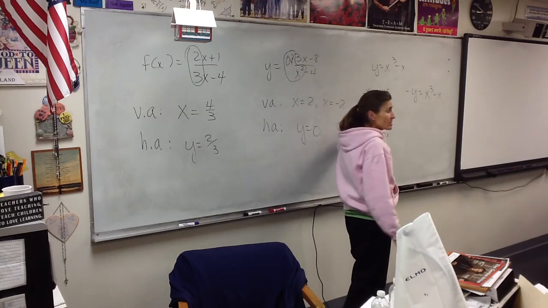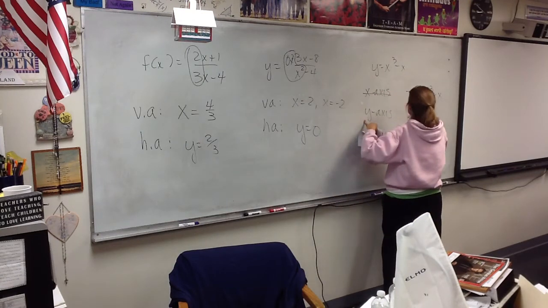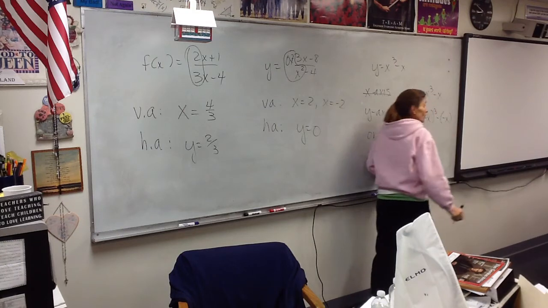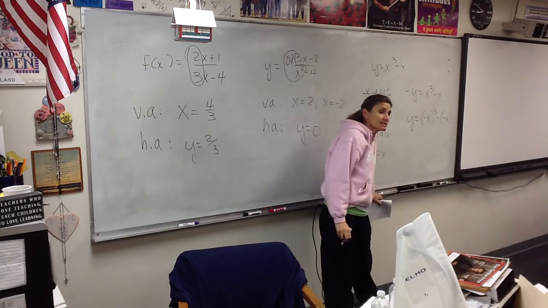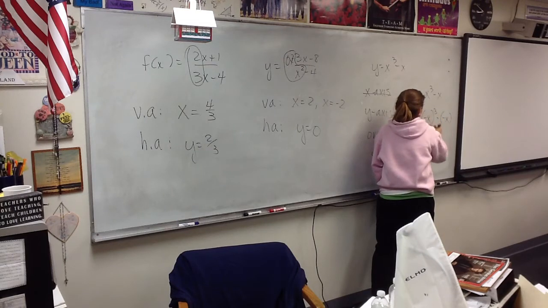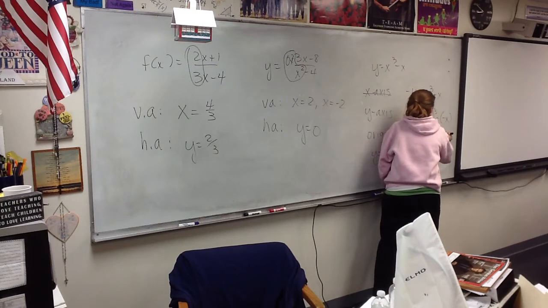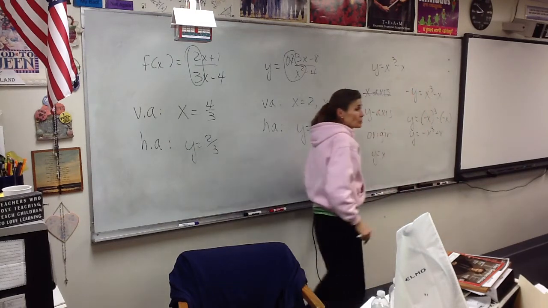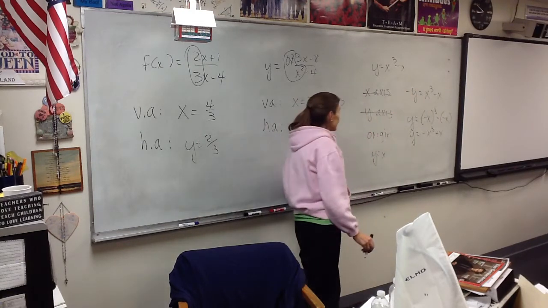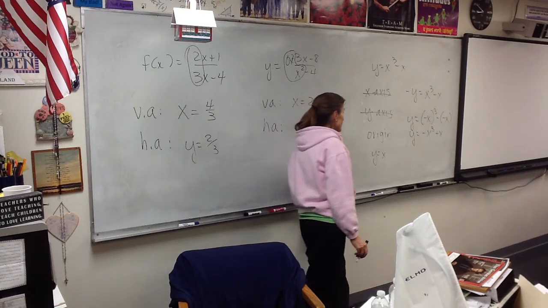Y-axis. Change the sign on x's. Now be careful. Sometimes we think this is the same equation, but it's not. Because if I simplify this, I get negative x cubed plus x. That is not the original problem, is it? Origin.